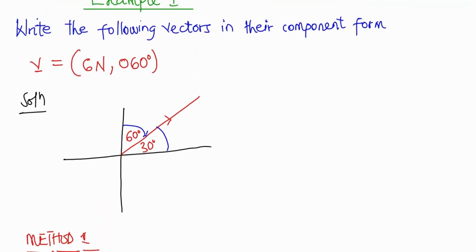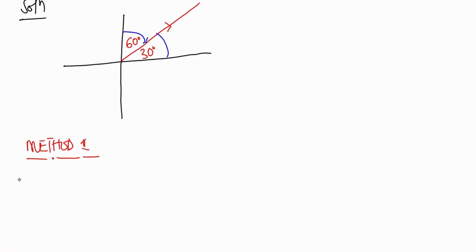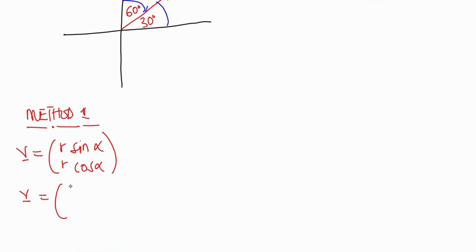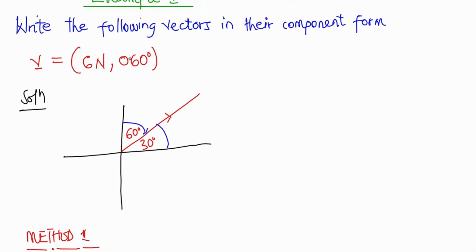That is 60. And the formula we said is giving us V equals R sine alpha, R cos alpha, with sine coming first. So our vector V is now equal to, the R we know from the question is 6. That's the magnitude of the vector, 6 newtons. So we write here 6. Then we know that the bearing, the alpha, is the original angle given to us.